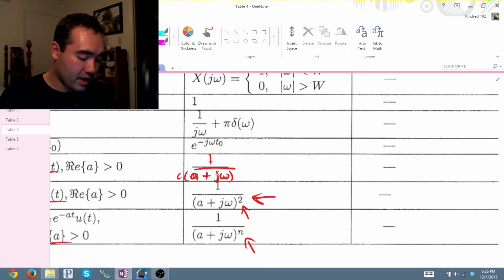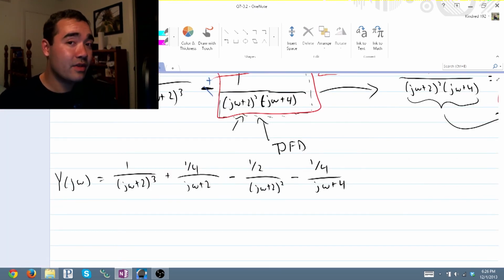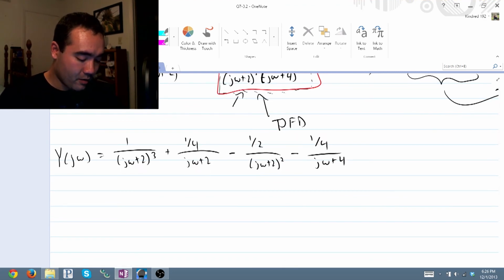By writing it like this, you ensure that it doesn't get lost when you do your inverse Fourier transform. Now, these two we can already do. We already know how to do this.